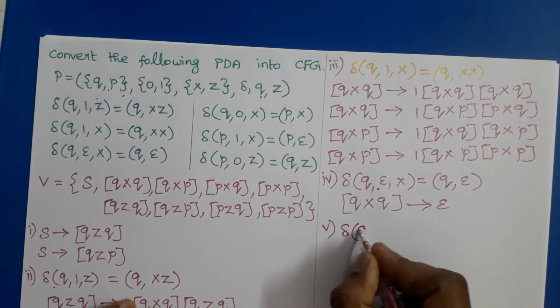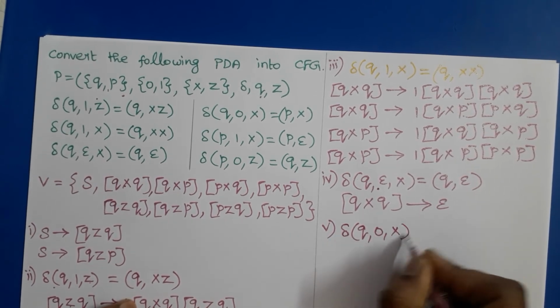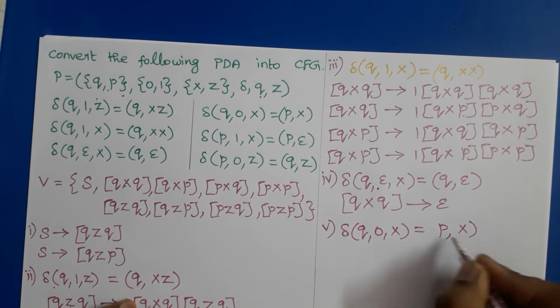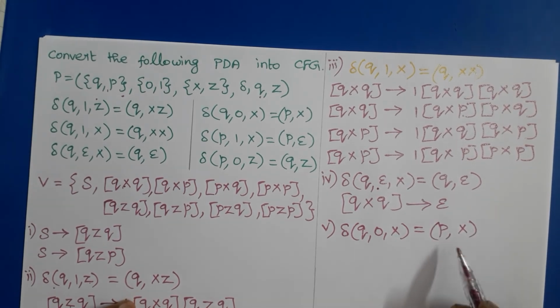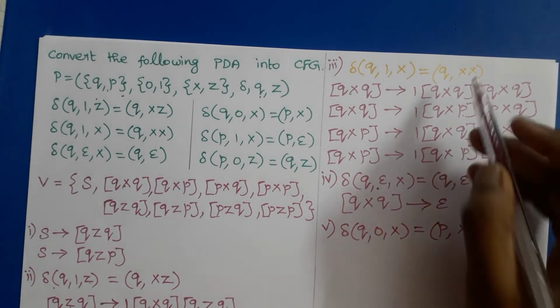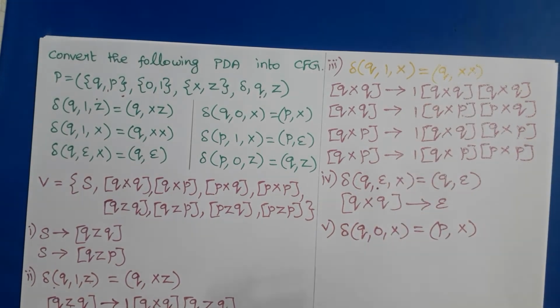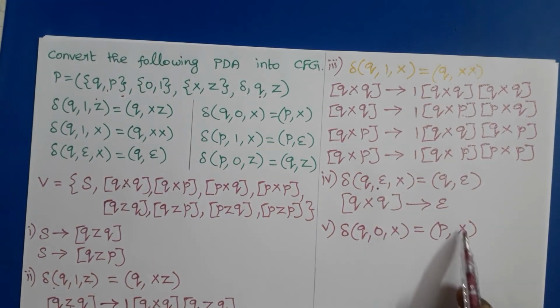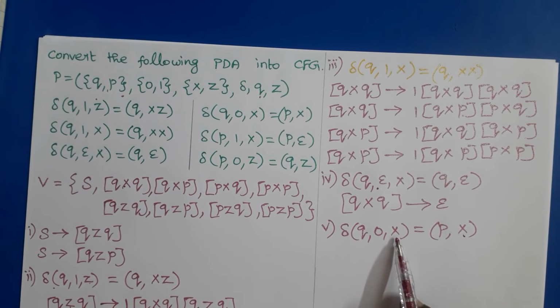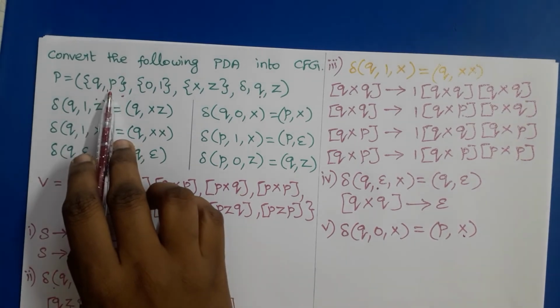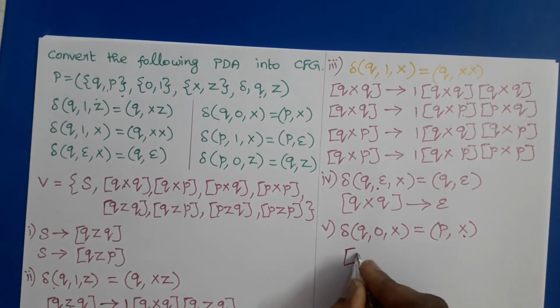Then the next one is this rule. So del of Q0X equals P comma X. So here we have got one symbol. In the previous 2 rules there were 2 symbols, but here one symbol is the stack symbol, that is a no change operation. This X replaces X on top of the stack. So we will get 2 productions here, one with Q, another one with P. So I have to write QX.